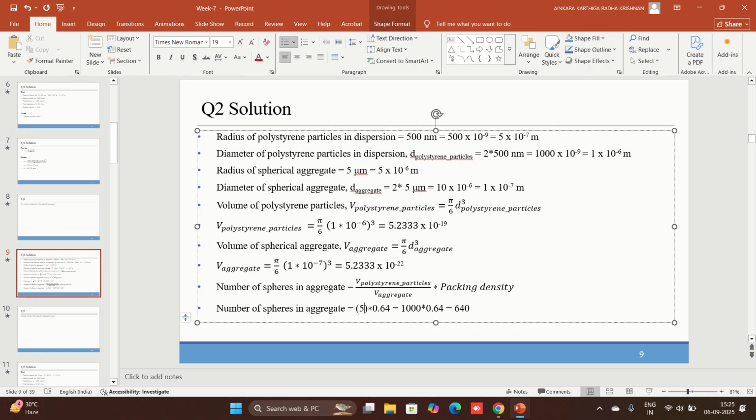It is 5.233 into 10 power minus 19, divided by 5.233 into 10 power minus 22.